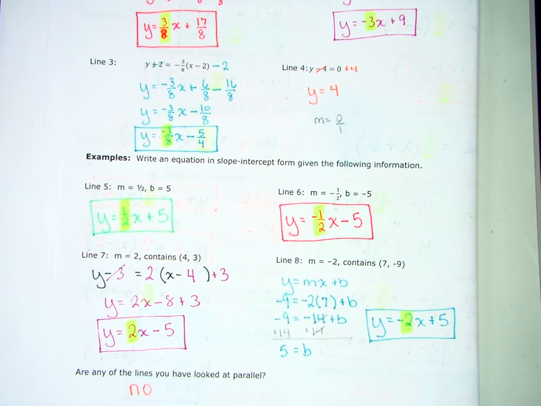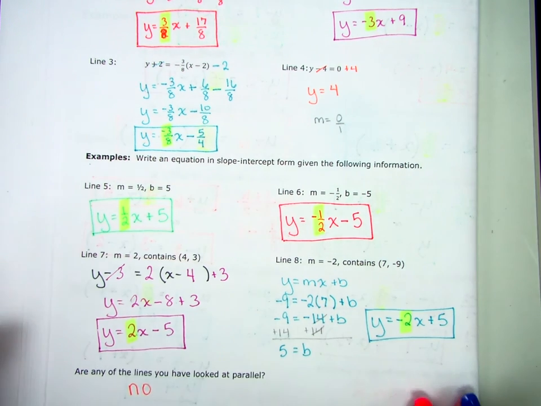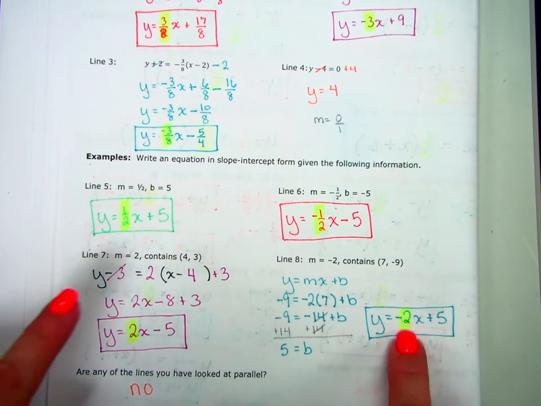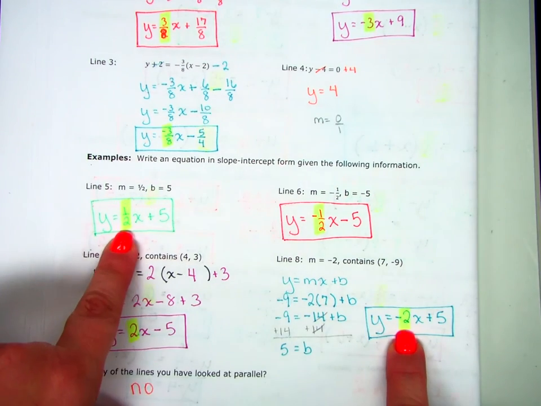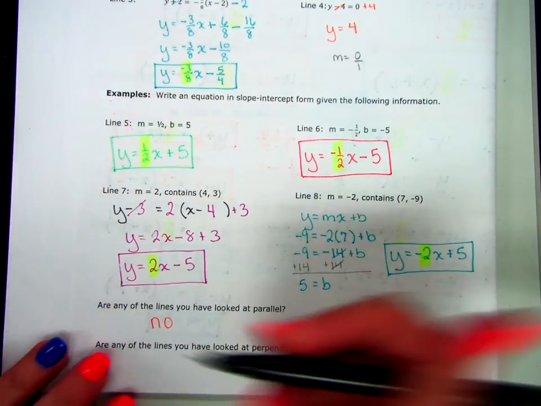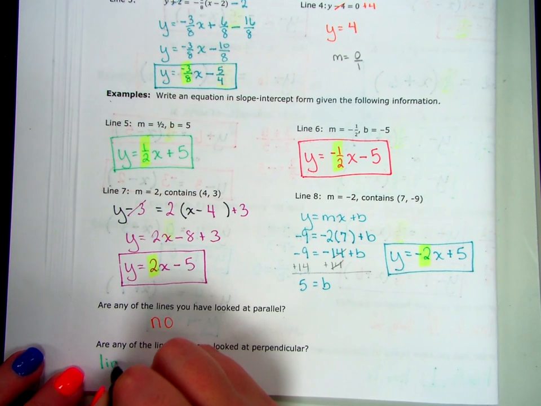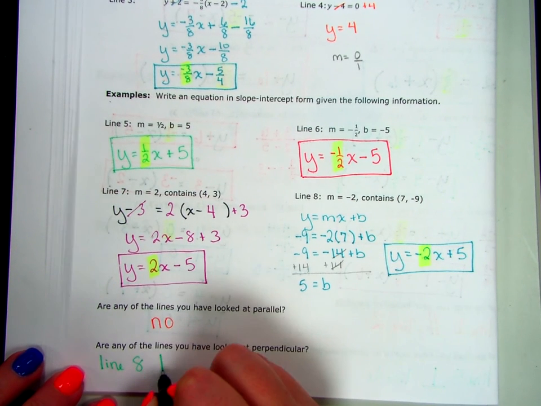No, none of those slopes are the same. None of those lines are parallel. What about perpendicular? Yes. Which ones are perpendicular? 8 and 5. Negative 2 and positive 1/2.